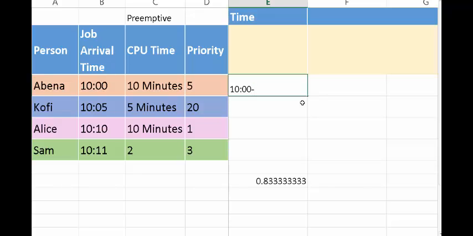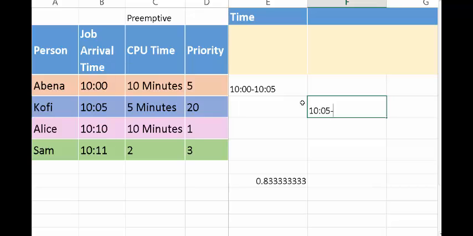But if Kofi had higher priority, and we said we're going to allow preemption based on priority, then Abna will be stopped at 10:05. And then Kofi, having the highest priority, would do his work. He's running for 5 minutes. He'll go from 10:05 to 10:10. Right.